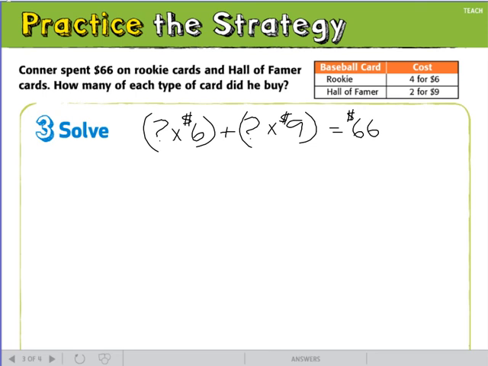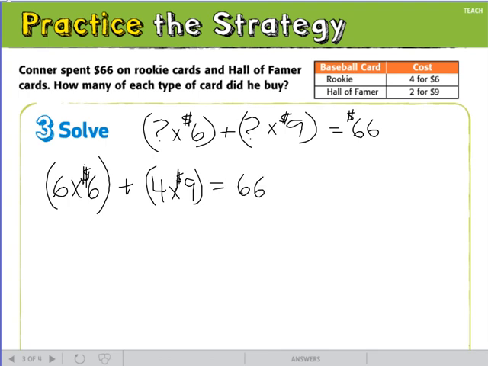We're going to say you bought 6 rookie cards. 6 times 6 is 36, plus, how many Hall of Famer cards are we going to say that you bought? 4. Does that equal 66? No. This equals 72, right?